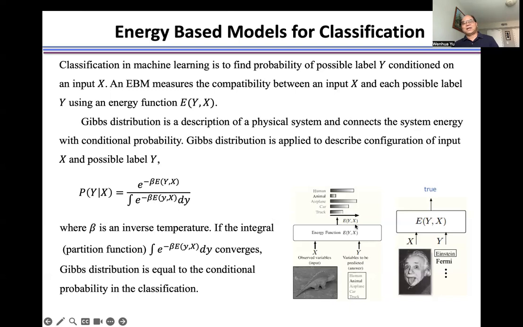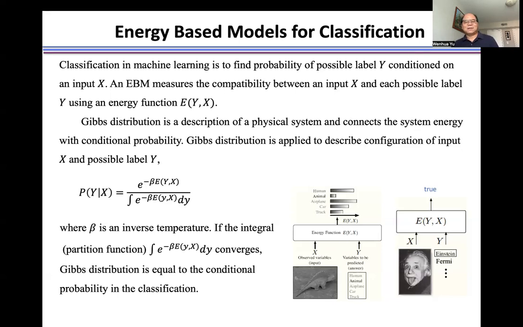For example, in traditional classification in machine learning, given X, we train the network to find a better label. But right now, we evaluate the configuration constructed from X and Y, to see which configuration can produce the minimum energy.